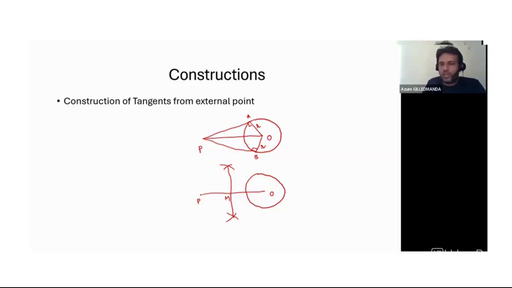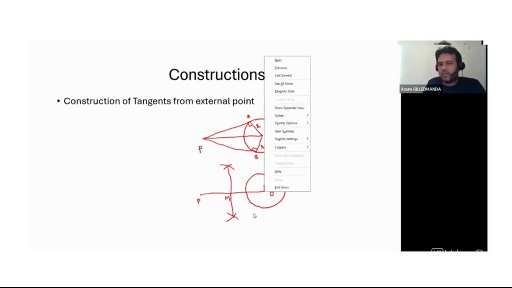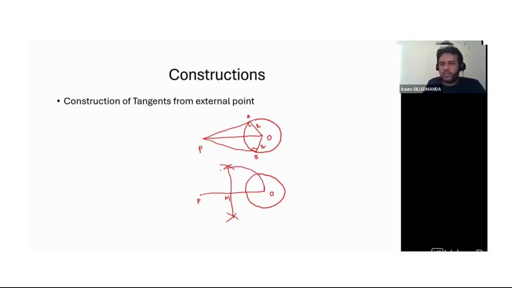Now with the midpoint M as the center and OM as radius, you draw a circle. Listen carefully. With OM as radius, if you draw a circle, it will be something like this, because M is the midpoint, so it will pass through P as well as O. Now, this circle touches the initial circle at two points.